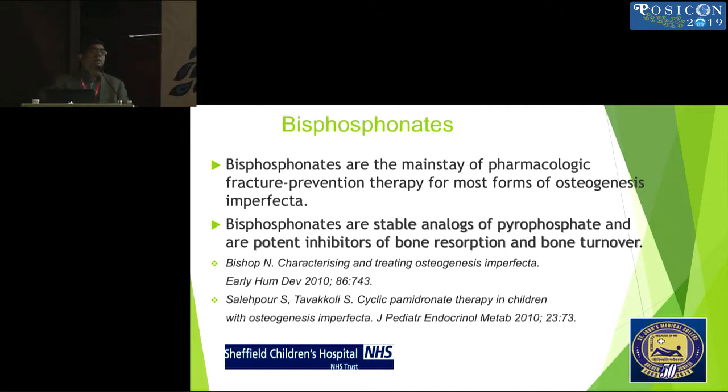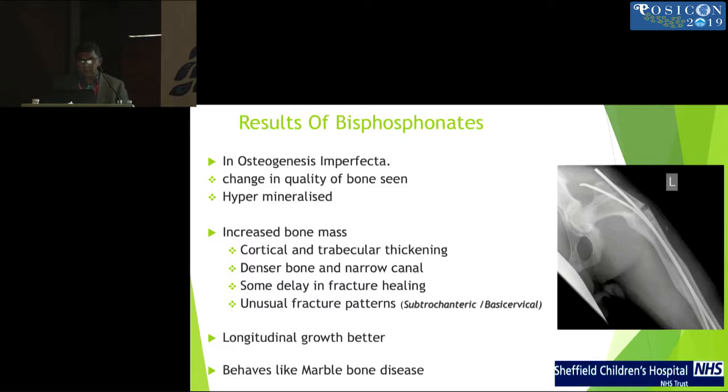So what are the main medical treatments in OI? It's basically bisphosphonates, and they are basically stable analogs of pyrophosphates and are potent inhibitors of bone resorption and bone turnover. So what are the results of bisphosphonates in osteogenesis imperfecta?